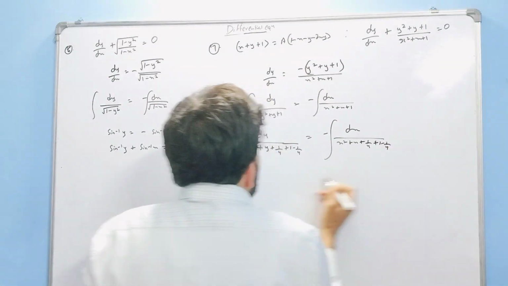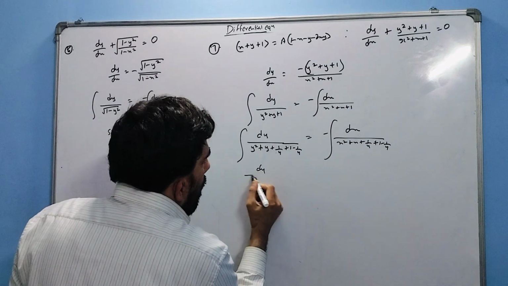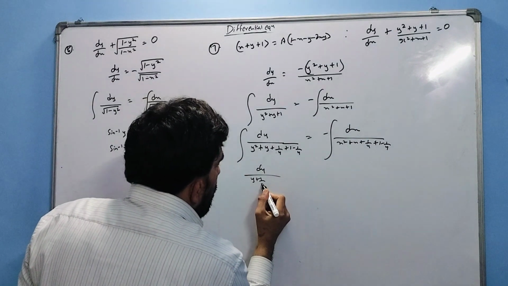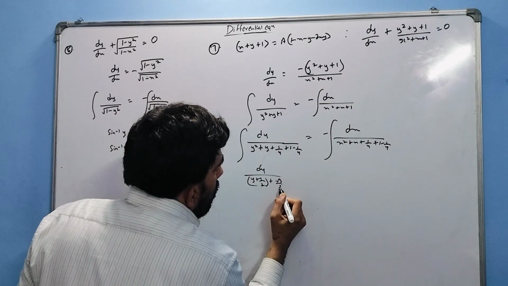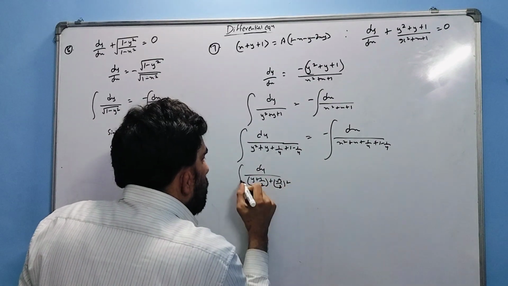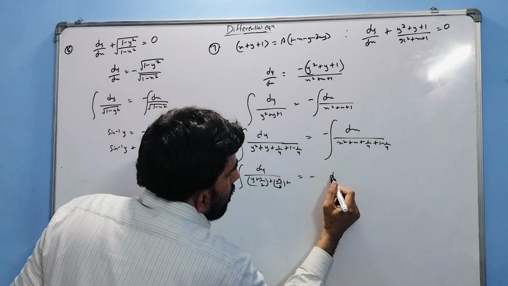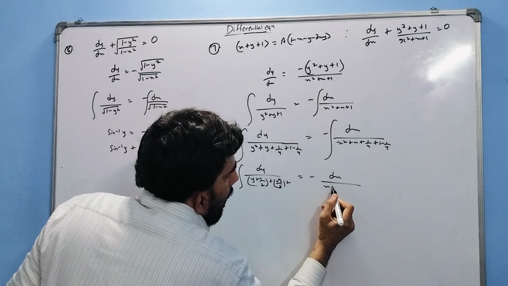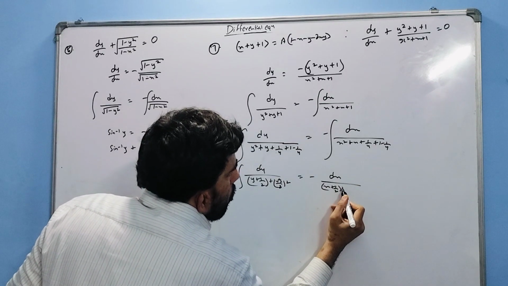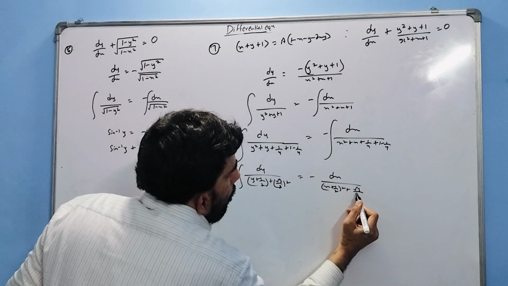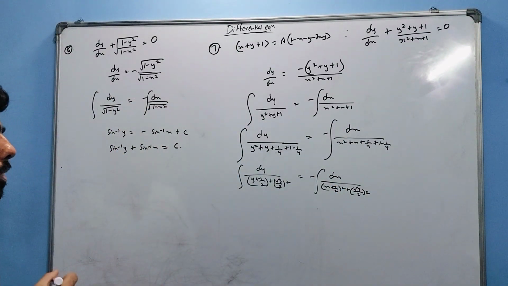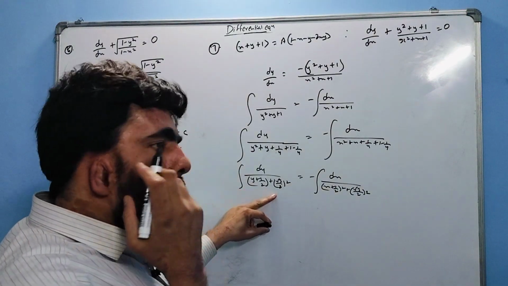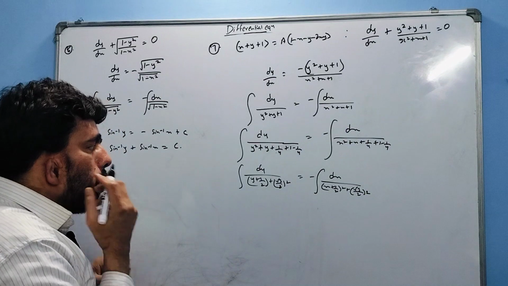So here we get dy upon ((y plus 1 upon 2) whole square plus (root 3 upon 2) whole square) is equal to minus dx upon ((x plus 1 upon 2) whole square plus (root 3 upon 2) whole square). Now we can integrate using the formula for 1 upon (x square plus a square), which gives tan inverse x upon a.